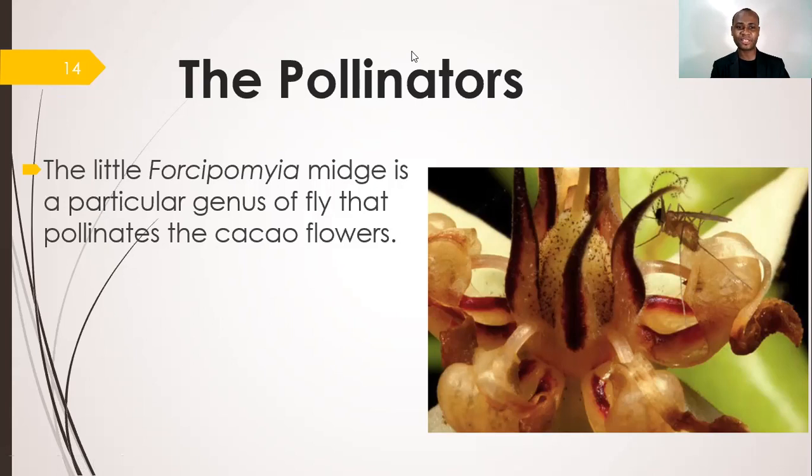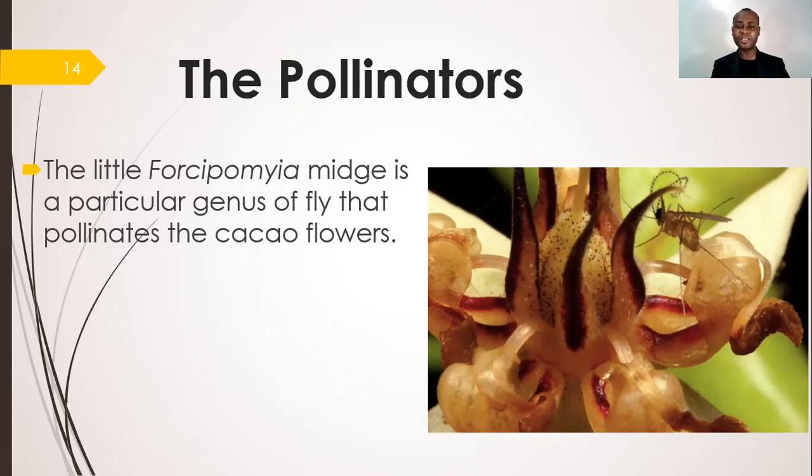They are called midges. And these midges tend to be the only naturally occurring insects that pollinate cacao, because bees do not have that capacity to help in pollination.